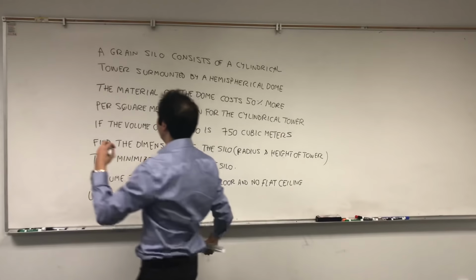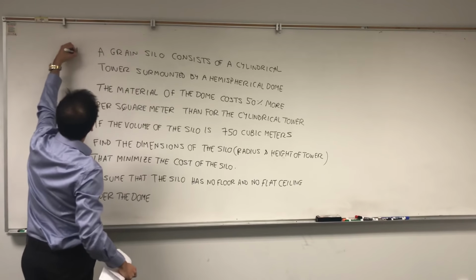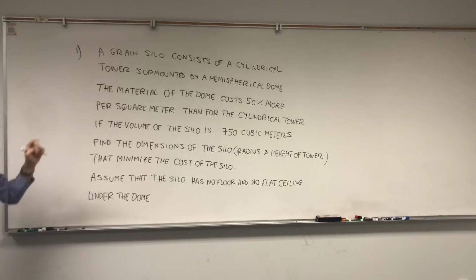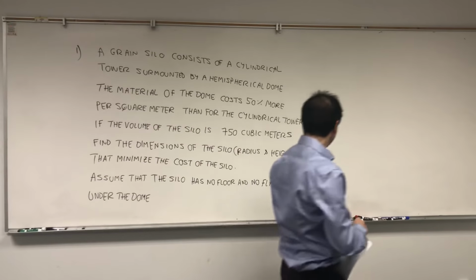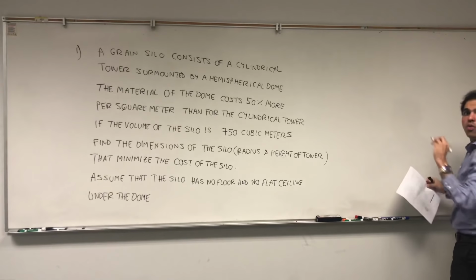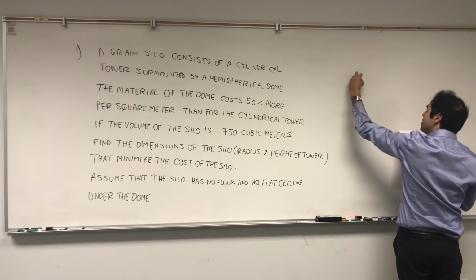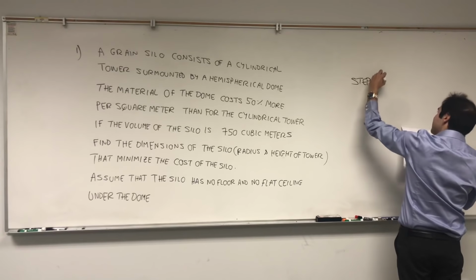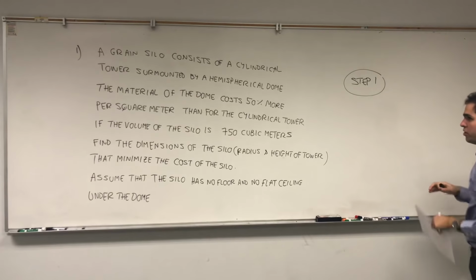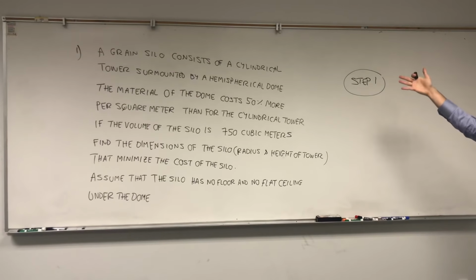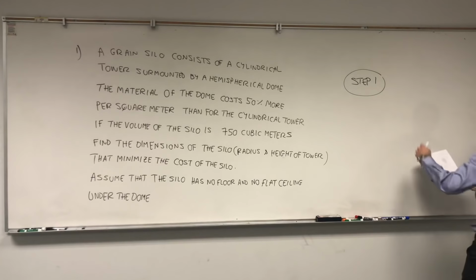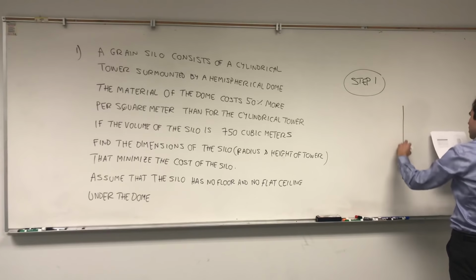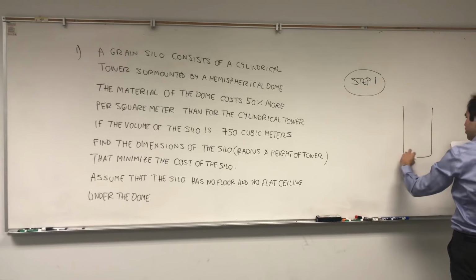So let's see what kind of information is given. So first of all, we know that we have a grain silo that has a cylindrical tower with a dome on top. So that's already very important to draw a picture of it. So this is the first information that this gives us, which is a picture. So this weird thing, what it looks like a cylinder.